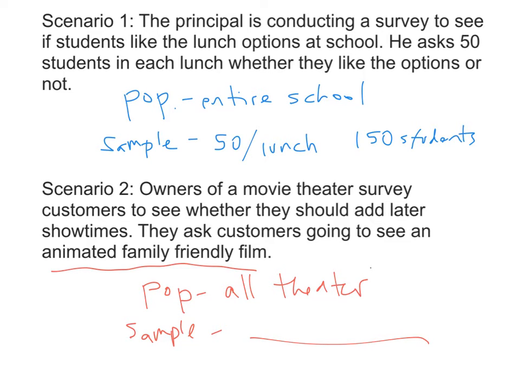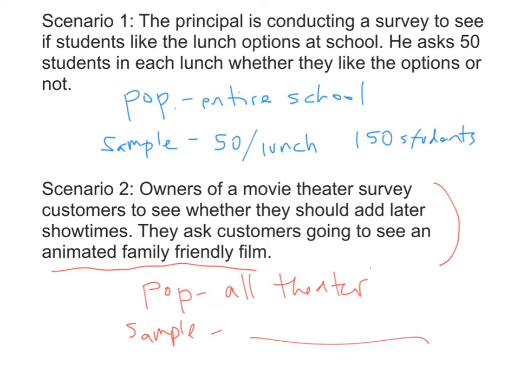Now, what we're going to talk about on the next screen is what happens when a survey is biased. And we'll get those definitions on the next screen. Meaning that it's not really the best way to get good results. In this situation, it's not really the best sample that they could choose. Because I am a person who might go to an animated family-friendly film because I have young children.